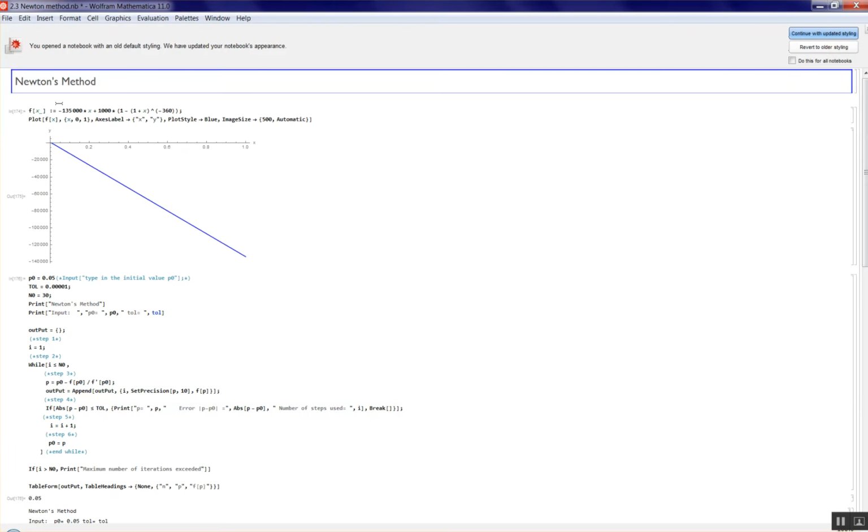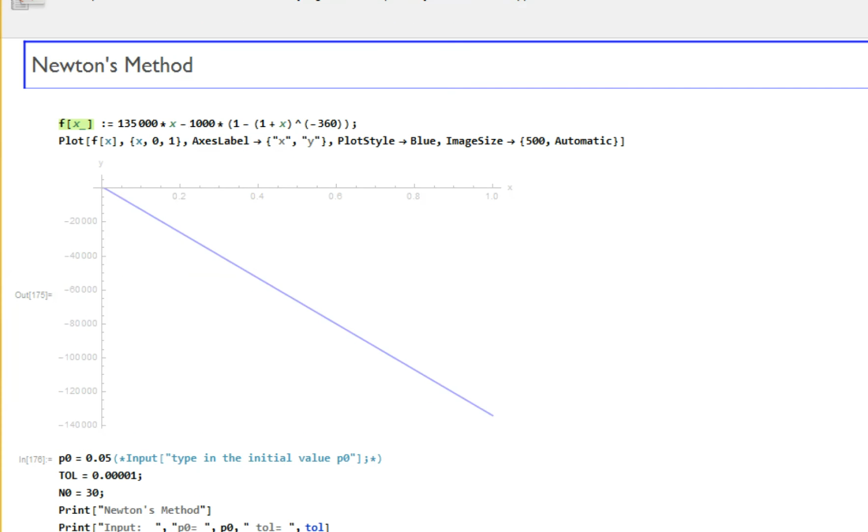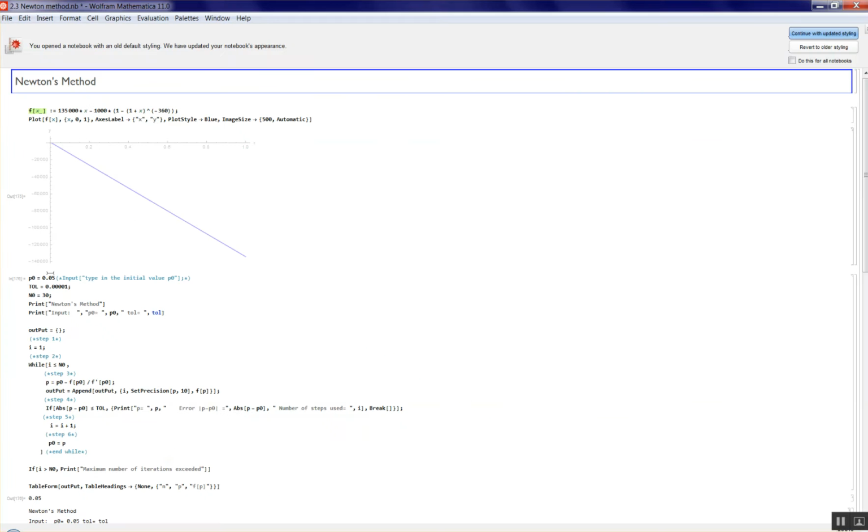I write 135,000 times my i. Because I define f of x, I use variable x, so instead of i I should type x. Minus 1,000 times (1 minus (1 plus x) raised to negative 360). So this is the equation I just derived previously. I want to type this in my Newton's method program, and I just run it.